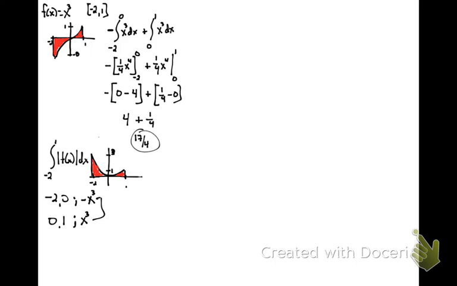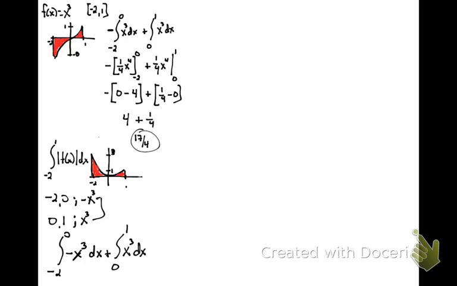So I still would have to, if I'm doing it by hand, integrate two different functions. I'm going to integrate from negative 2 to 0, negative x cubed dx, plus the integral from 0 to 1 of x cubed dx.